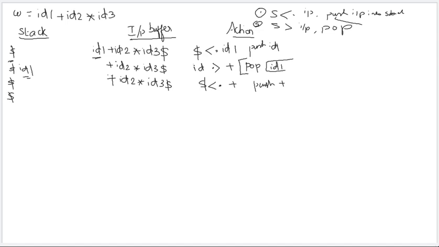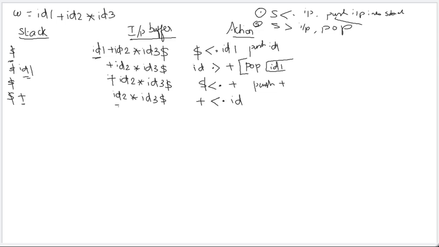So now the stack becomes dollar plus, and the buffer is id2 into id3 dollar. Now the top element in the stack is plus and the first element in the buffer is id. What is the relationship between plus and id?